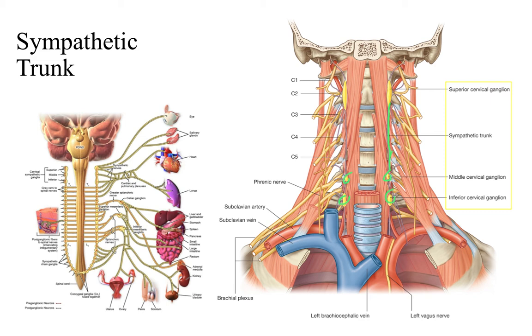And so they're going to go to all those things that we see here and activate most of them. So, dilate pupils, increase heart rate, increase breathing rate, things like that. But it will also decrease digestive activities and decrease urinary activities and sexual activities, because we're not going to need those in a fight or flight situation. So just a reminder of what the sympathetic trunk, or the sympathetic nervous system, does.